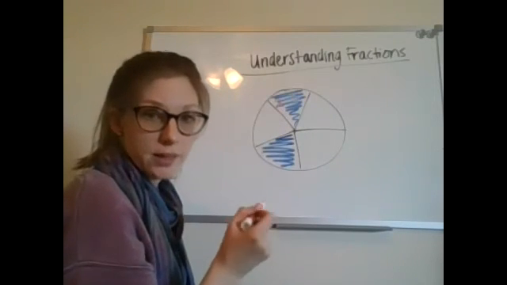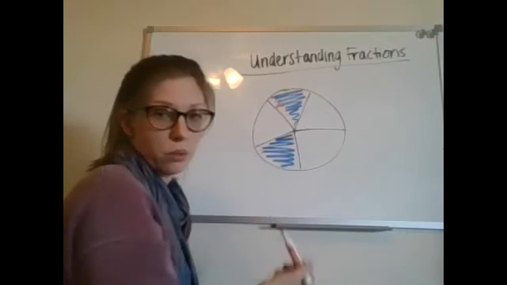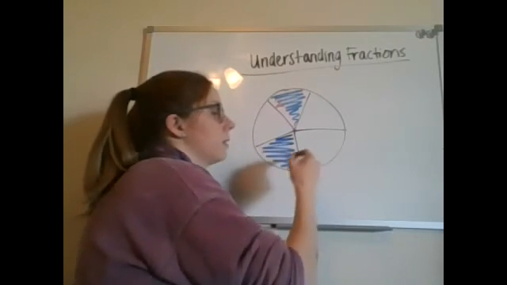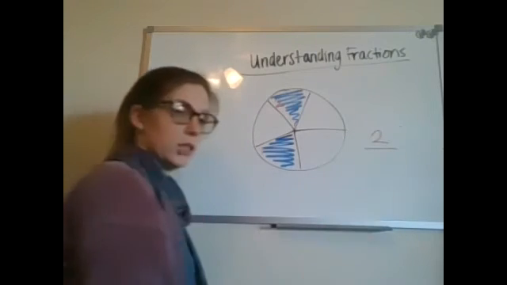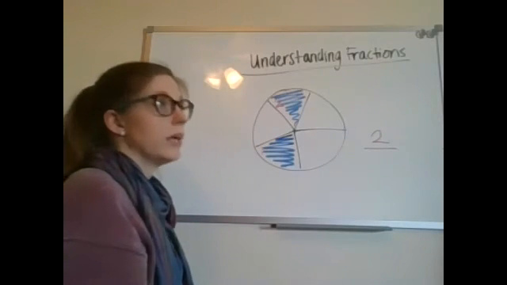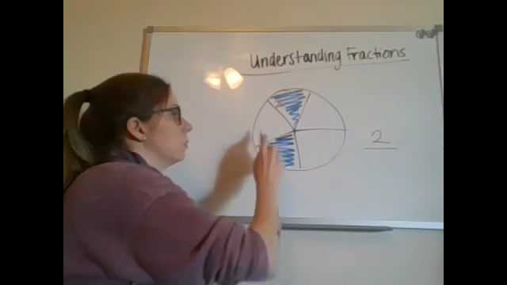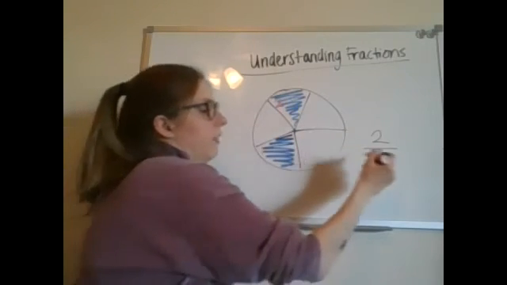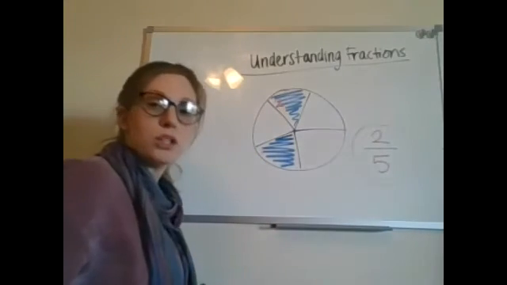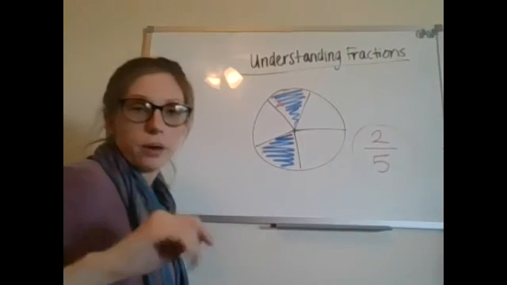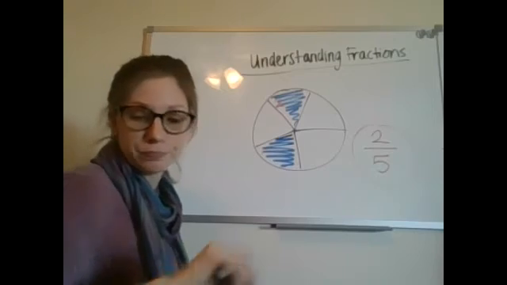It's okay that they're not together. So our numerator for this fraction would be 2. That's how many are shaded in. The denominator would be how many there are total. So 1, 2, 3, 4, 5. So the fraction for this one would be 2 over 5. I'm not going to use that red marker anymore. It's not easy to see.